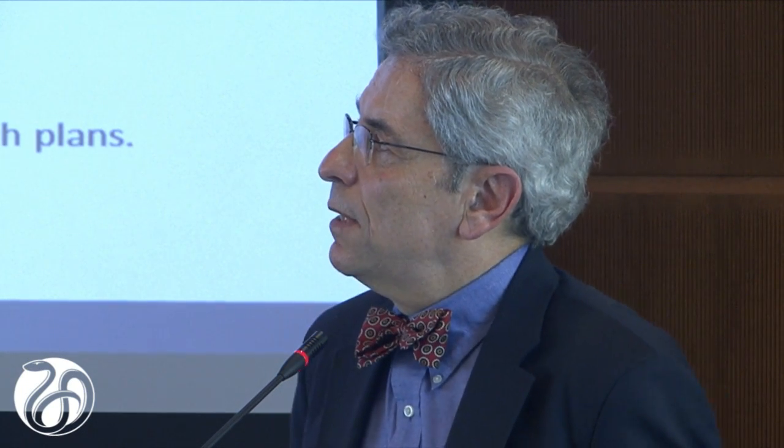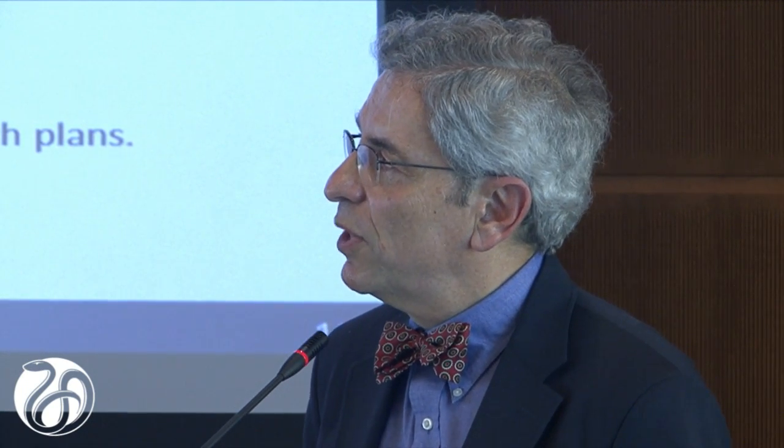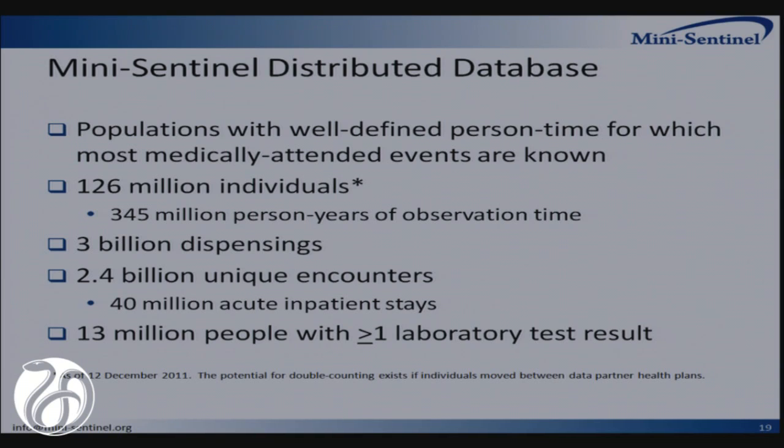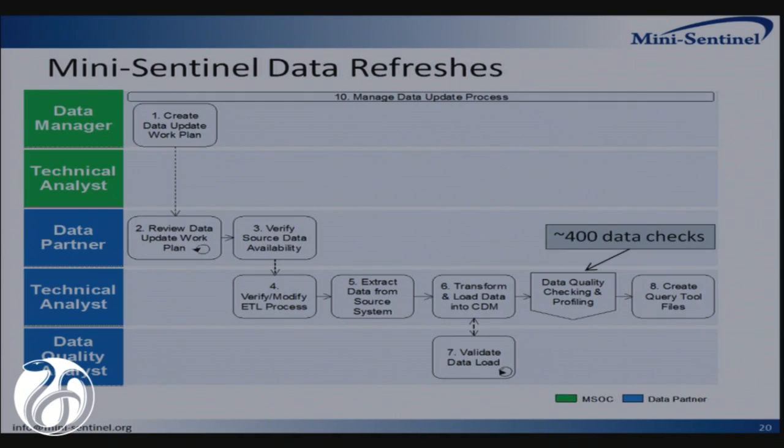The Mini-Sentinel distributed database has data now on just over 125 million people, 3 billion dispensings, 2.4 billion unique encounters. So there's a lot of data that's been put into a common data model. Each organization has transformed its data into exactly the same format, so it's possible when you send a program to have that program operate on the data.